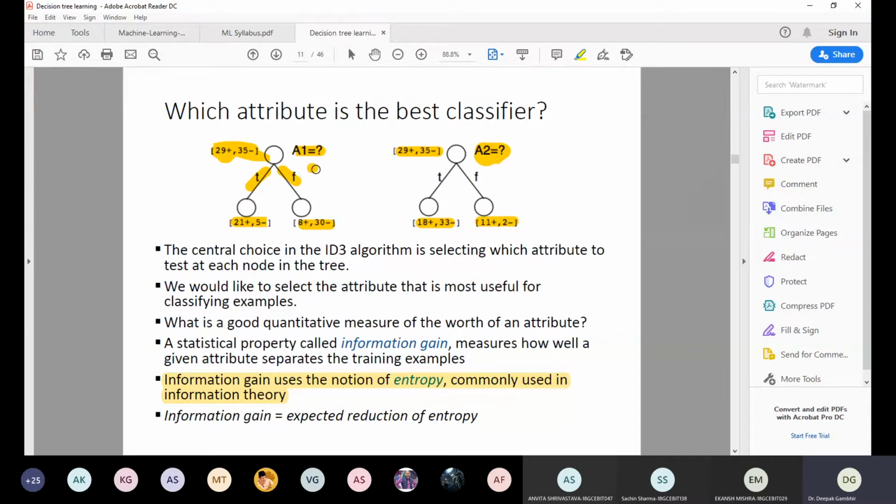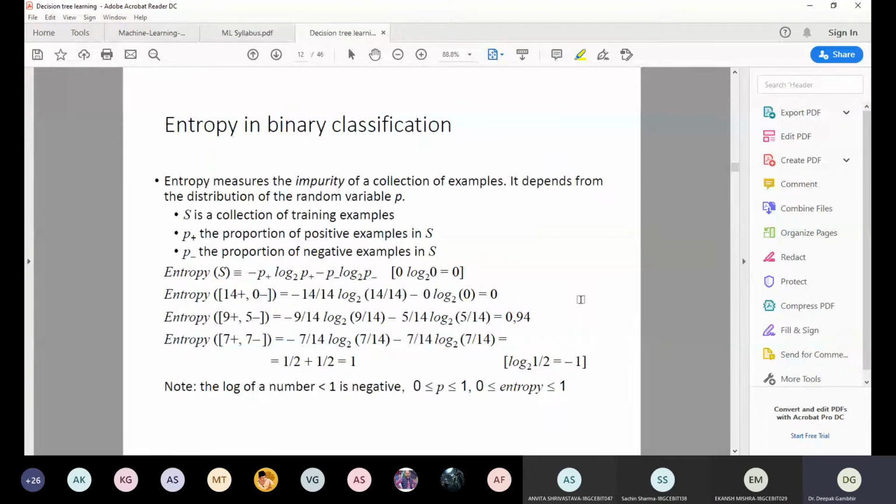Which of these two, A1 or A2, would be the best attribute to make our decision tree? We will decide on the basis of information gain. We will compute the entropy, and if there is a reduction in entropy, we will check that there is an information gain in the system. That attribute we will choose.